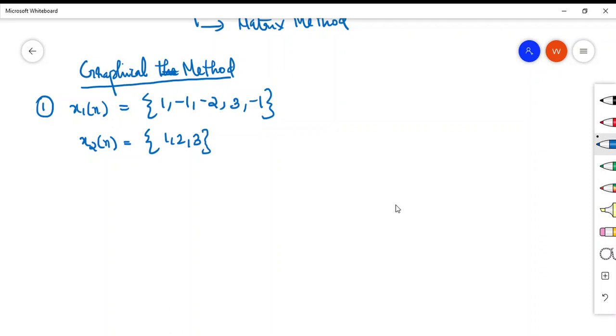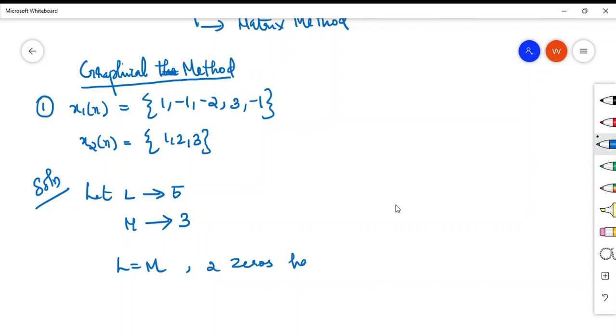Now, unlike linear convolution, for performing circular convolution the lengths of these two sequences have to be equal. So let L be the length of the first sequence. L is 1, 2, 3, 4, 5. Let M be the length of the second sequence, which is 3. In order to make L equal to M, two zeros have to be added to x2 of n so that its length becomes 5.